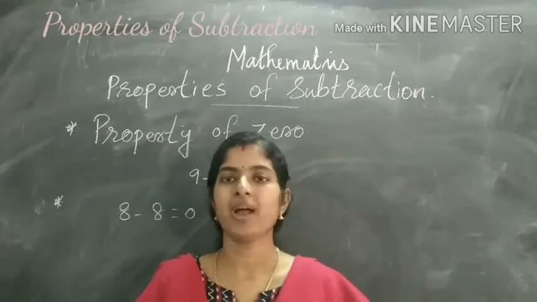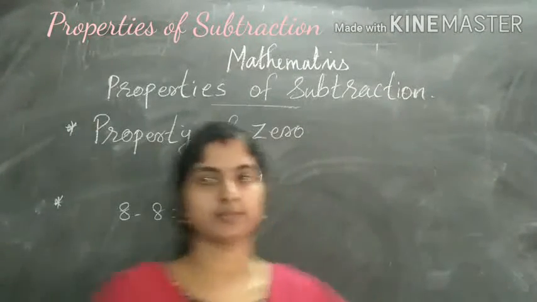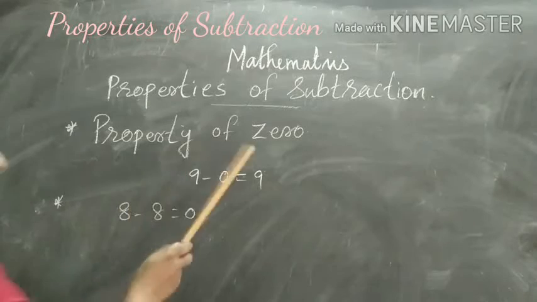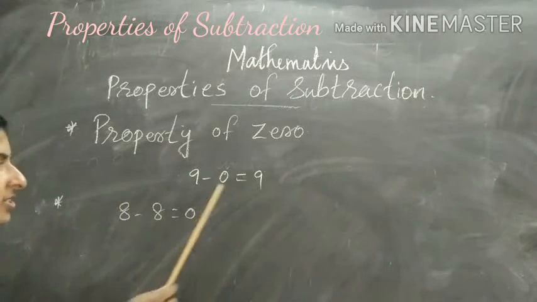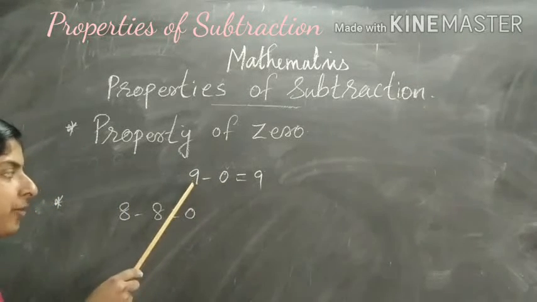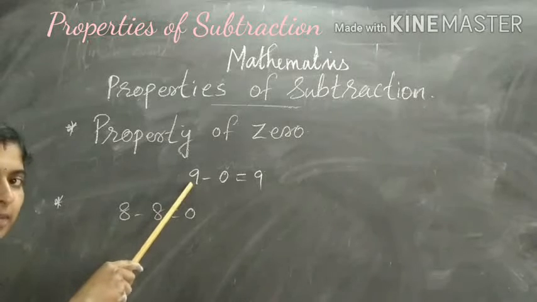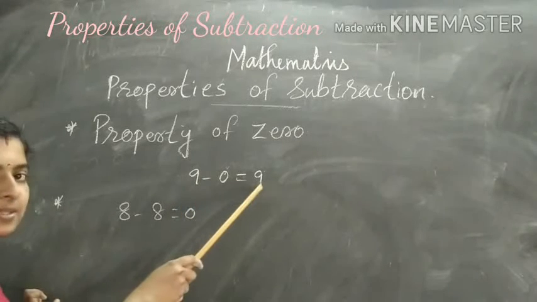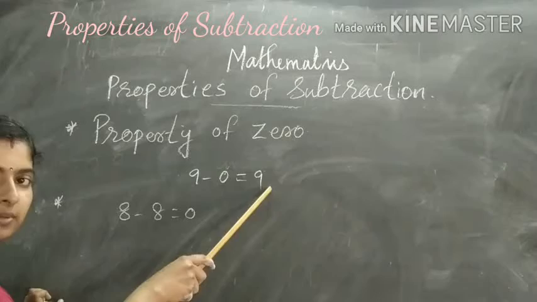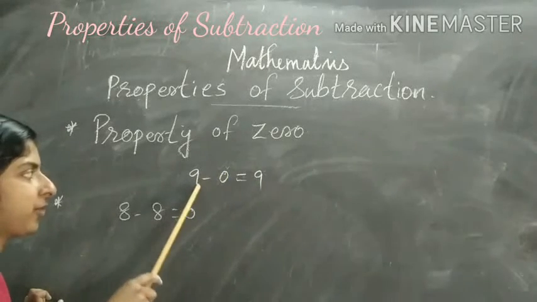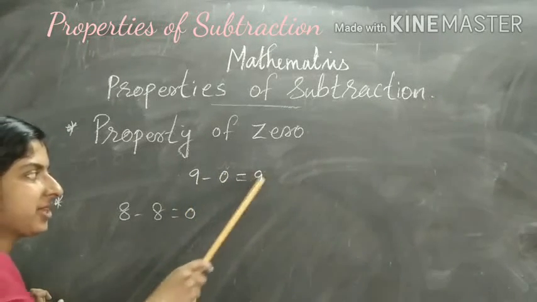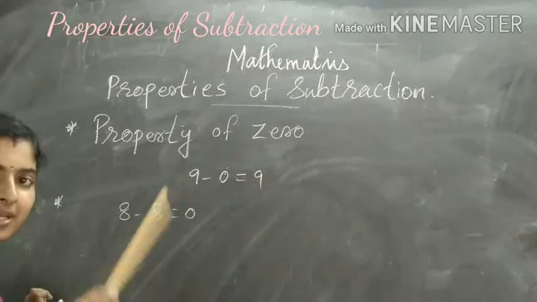Okay. Next one. Properties of subtraction. First one. Property of 0. When 0 is subtracted from a number, any number, the answer is the number itself.